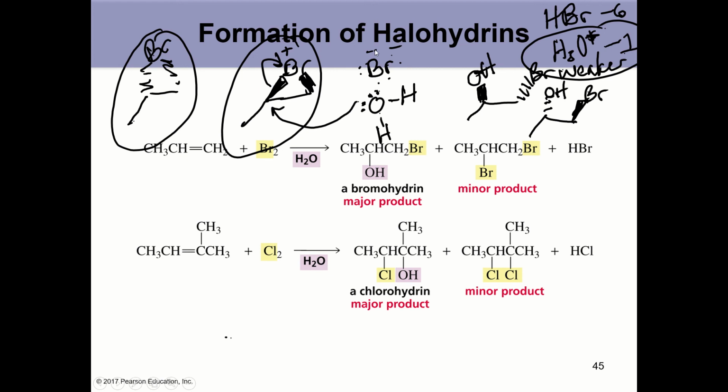But when we compare the basicity of bromide ion to water, you will know that water is a stronger base than bromide ion. How can we know that? Compare the conjugate acids. If it's a stronger acid, it will have a weaker base. So which is the stronger acid, HBr or H3O+?